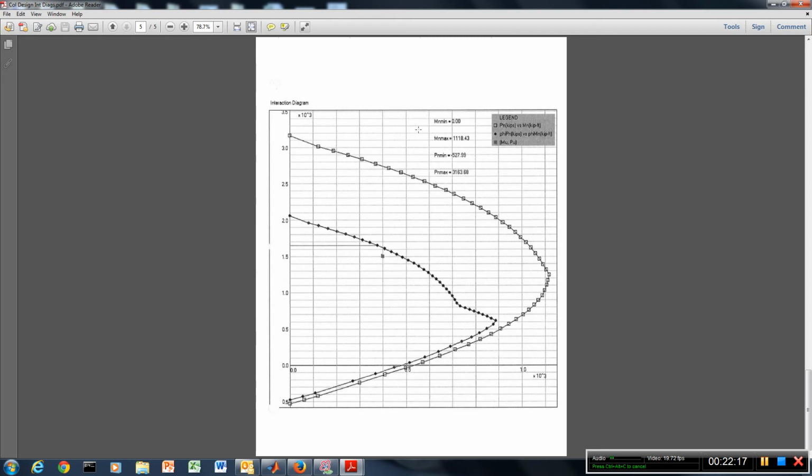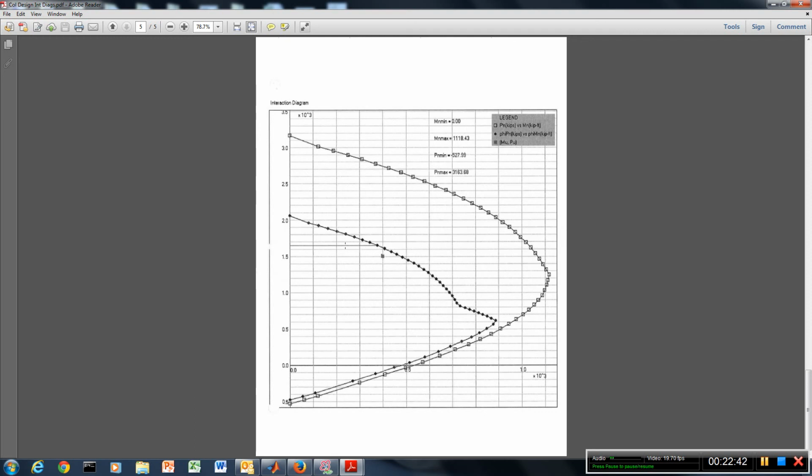If you put in all of the relevant information for the column that we just designed, you would get phi PN on the vertical axis, phi MN on the horizontal axis, and you would get this innermost interaction diagram here. And that is the interaction diagram for our column.